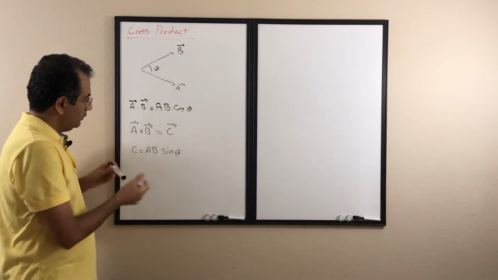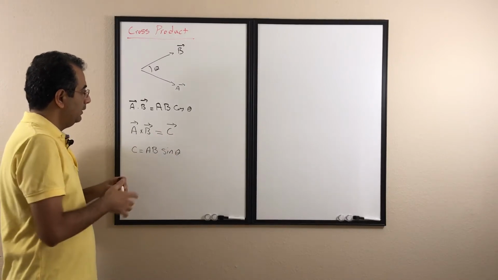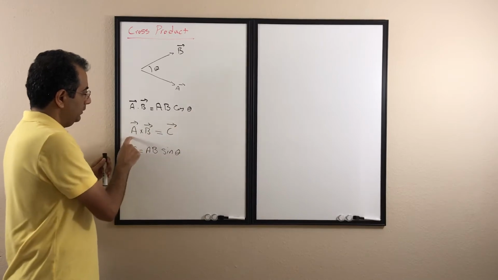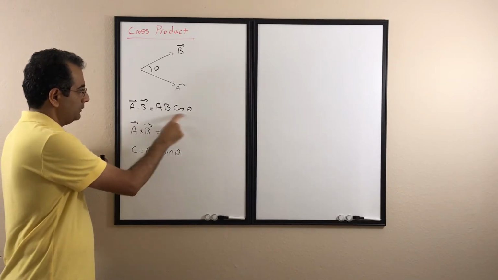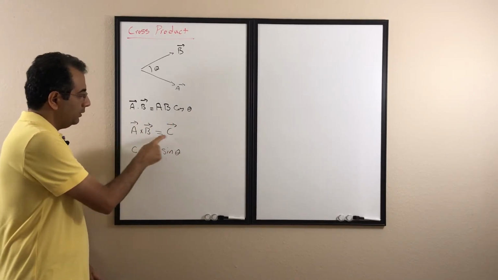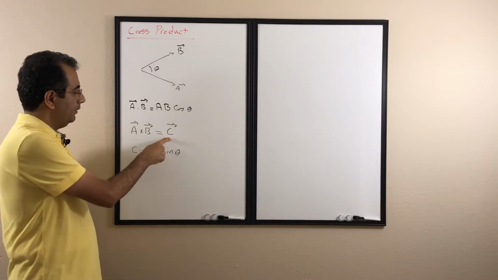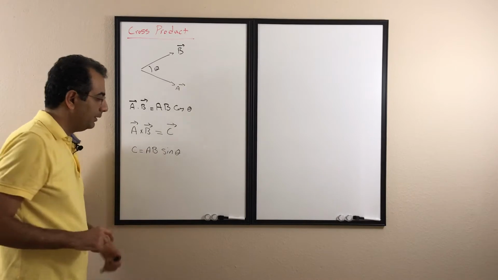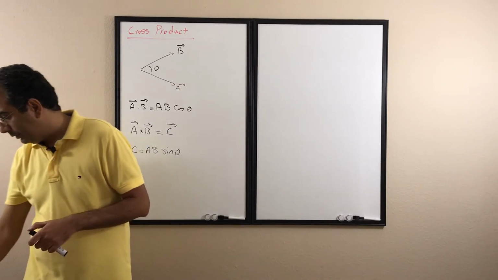So this is the magnitude of that vector C. Unlike the dot product, which gives us a scalar, the cross product gives us a vector, and its magnitude is calculated from AB sine theta.